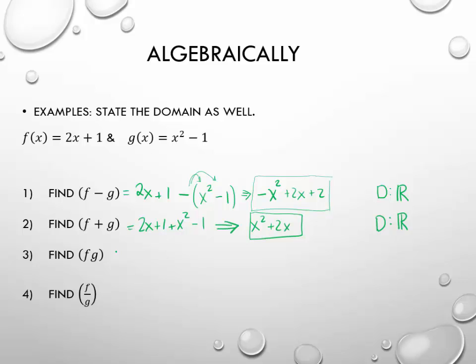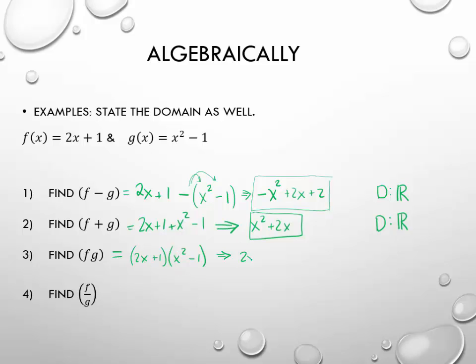Next one, multiply them together. We have 2x plus 1 times x squared minus 1. Oh, we have to do something else. We don't just combine terms now. We have to do this other thing. What is it called? Foil. There it is. Foil it first.